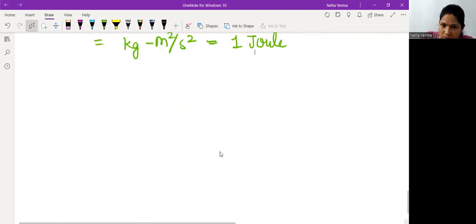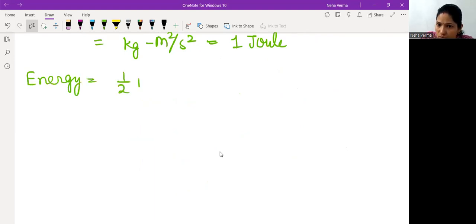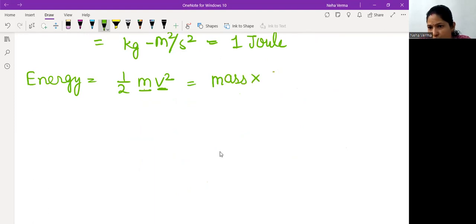Next one is energy. What is kinetic energy? Half m v square. We have the quantities mass and velocity; half is just a number and has no unit. So it will be mass into velocity square.